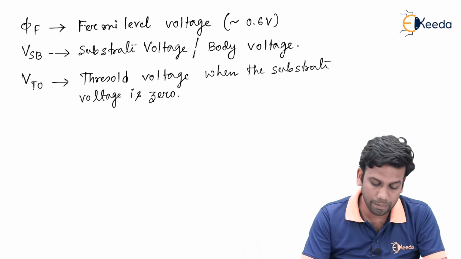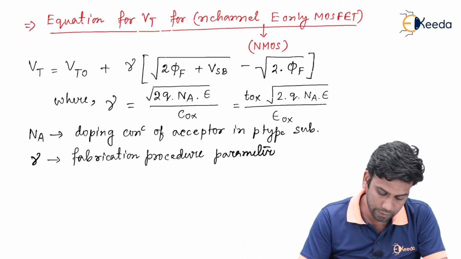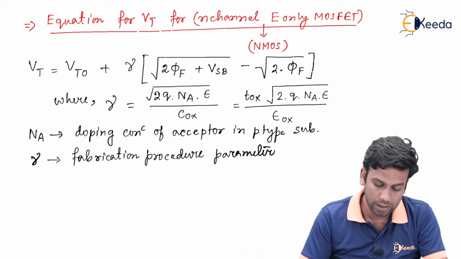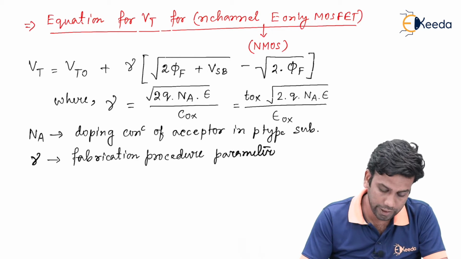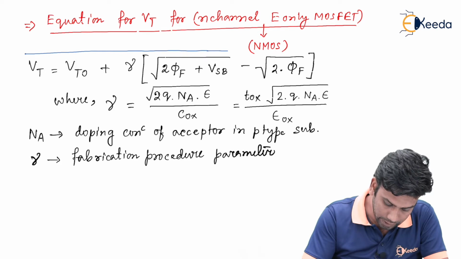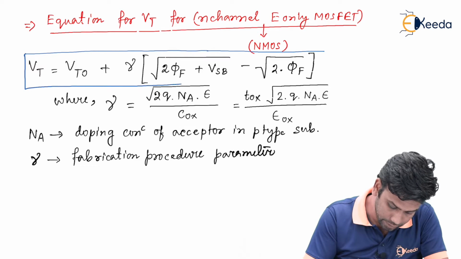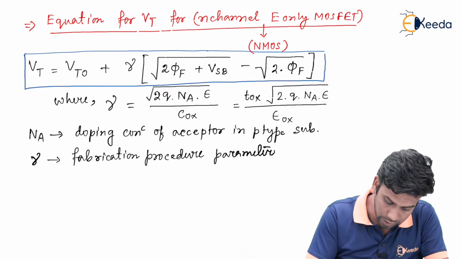So these are the parameters that will determine the threshold voltage of an E-only MOSFET for NMOS. So this is the main equation of the threshold voltage for NMOS.